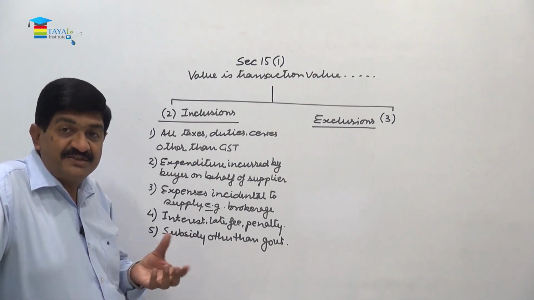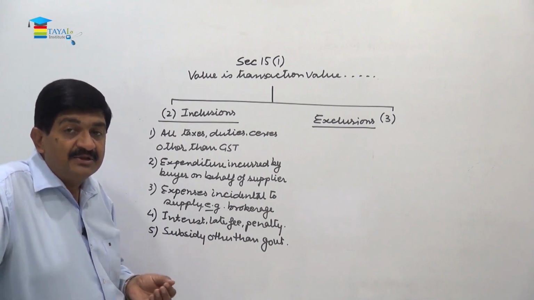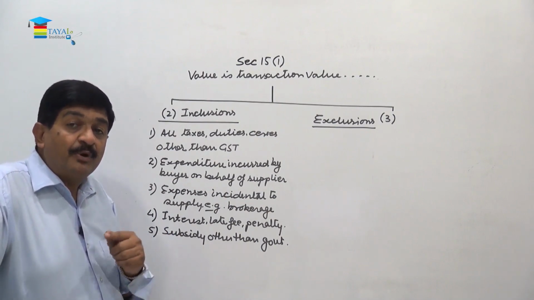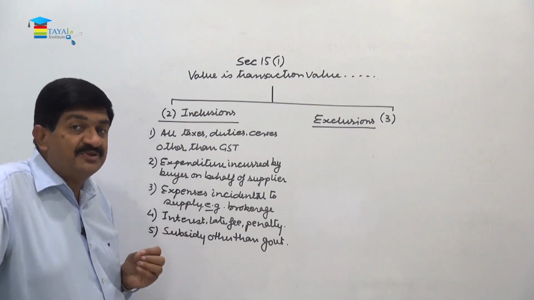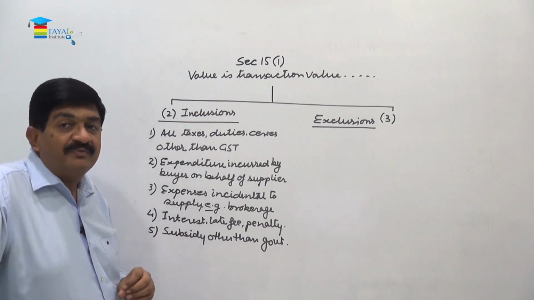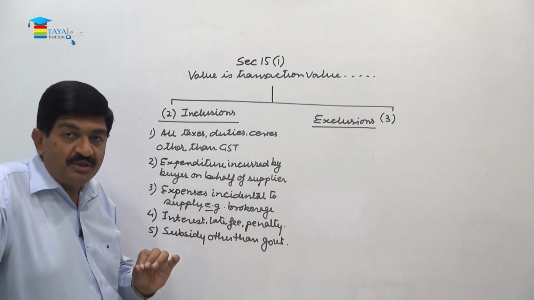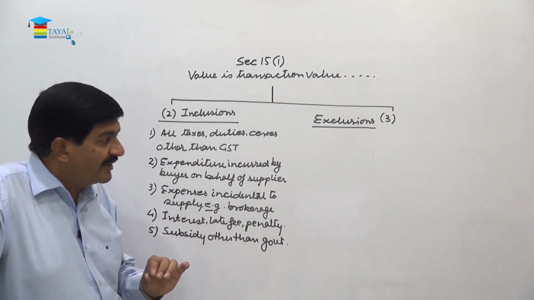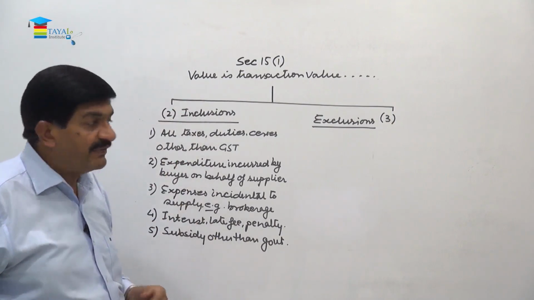So in the office canteen, the caterer makes a supply at discounted price. So it is not a discounted price, your employer is paying the differential amount. So that is also subsidized, but that subsidy is a part of the value. But when the subsidy is given by the government, then that is not the part of the value. So these are the inclusions in the value.